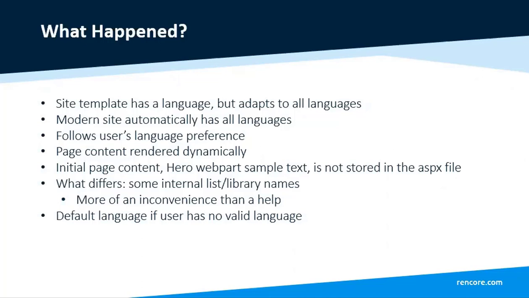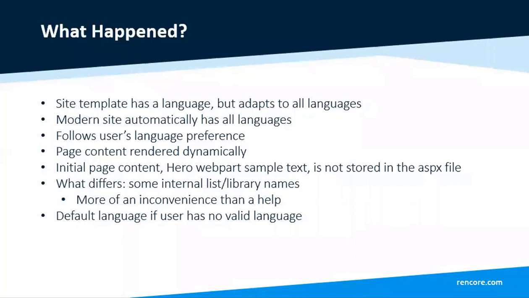It's all client-side rendering. And that includes the initial page content, the sample text of the hero web part. The hero web part doesn't have any hard-coded text when you create it. It has sample text, and that sample text will be rendered to you in the user's language. It's not stored in the SPFX file itself.